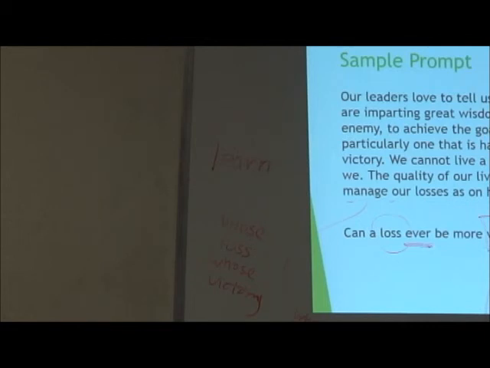Because there's always an exception, right? So if the question is, can a loss ever be more valuable? You kind of have to take the standpoint, yes it can. Because otherwise you're going to spend your entire essay arguing why there are no exceptions, which is really hard to do and probably wrong. So it's not what you want to do.